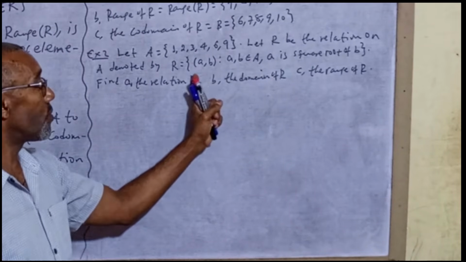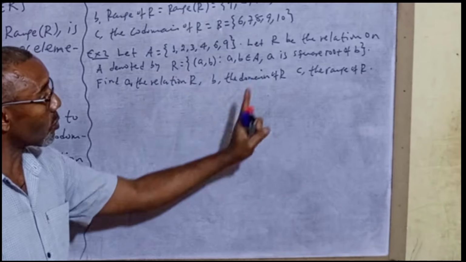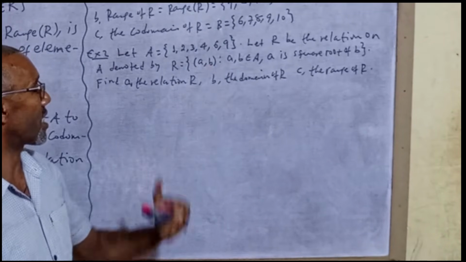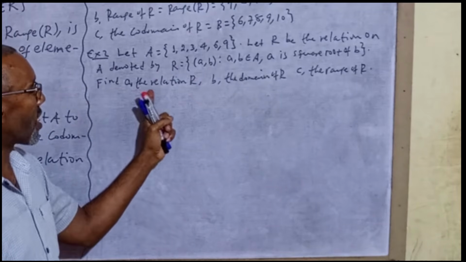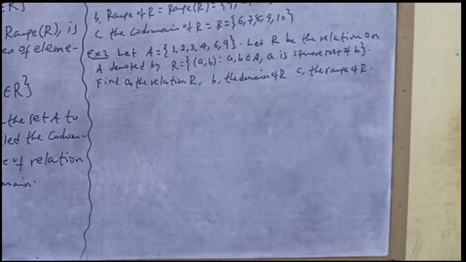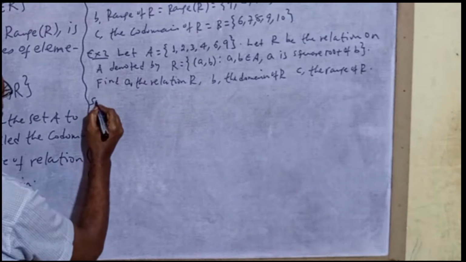The first coordinate of the relation R is the square root of the second coordinate. Find A, the relation R, B, the domain of R, and C, the range of R.